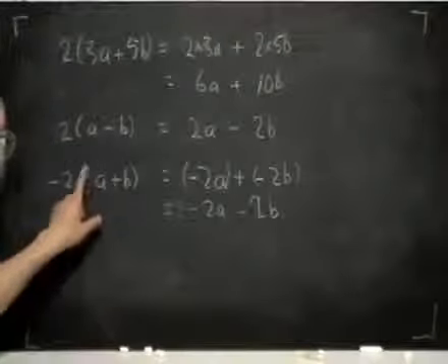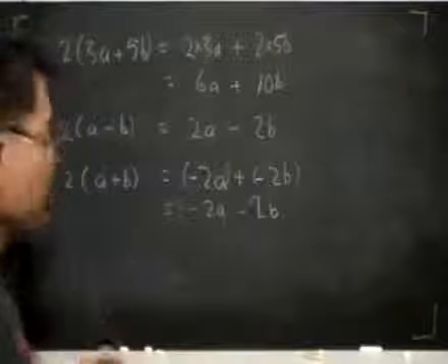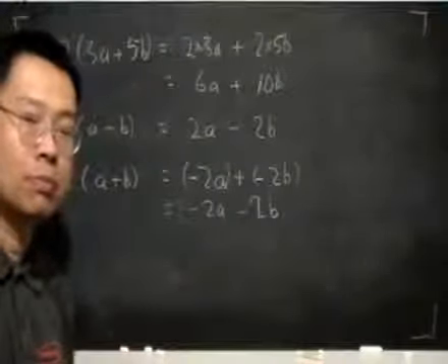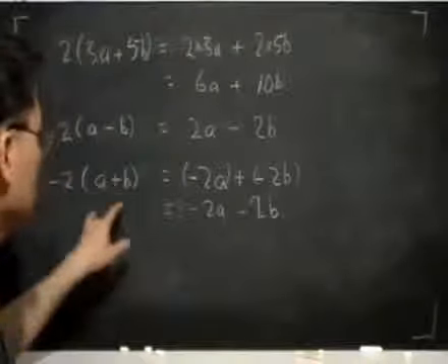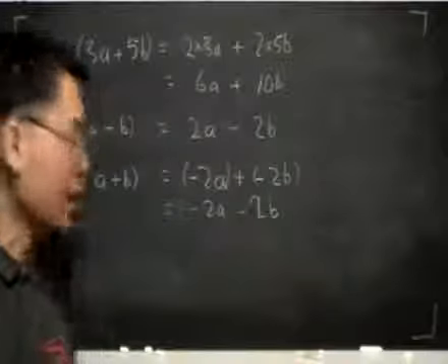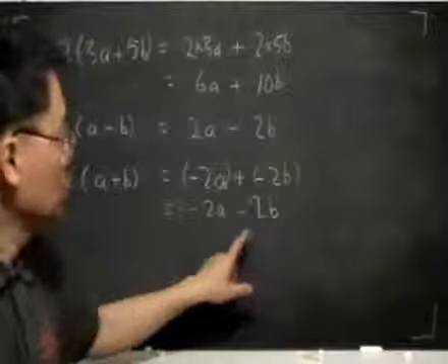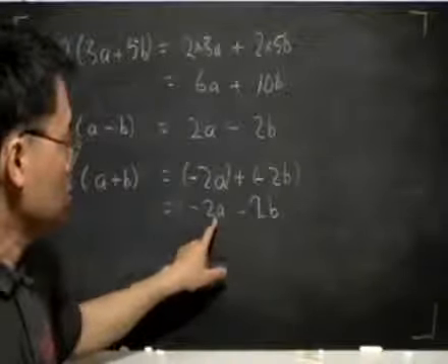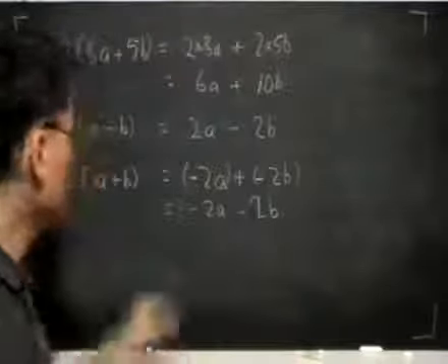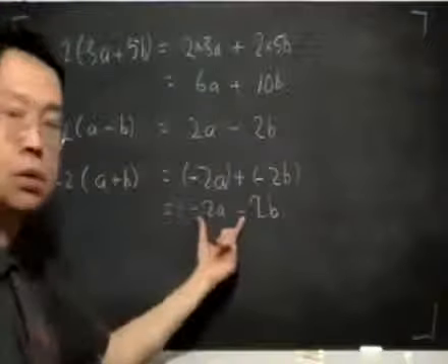At first I have a bracket with a plus b inside, so a and b are both positive symbols. Now after removing the bracket, the signs in front of the two terms, in a and in b, have changed from plus to minus.